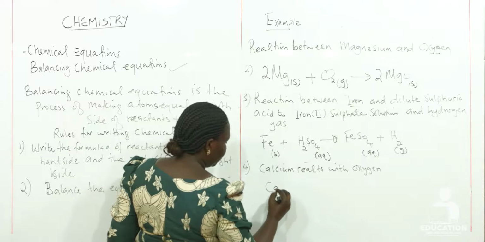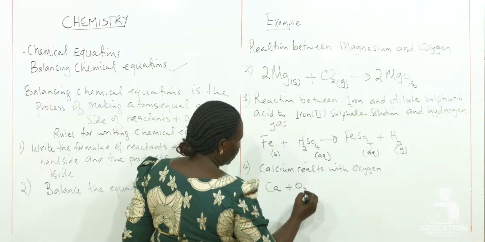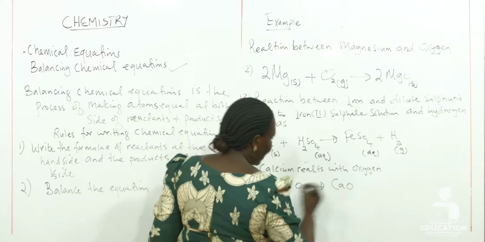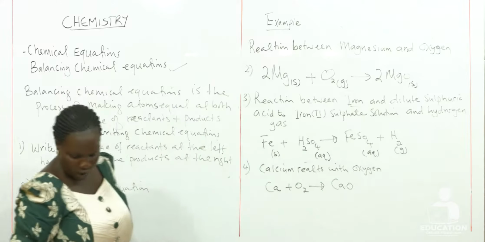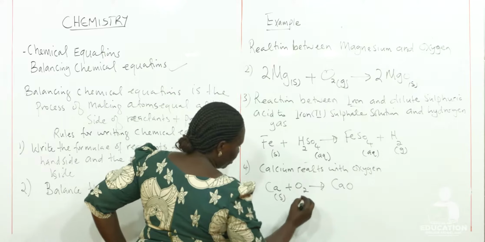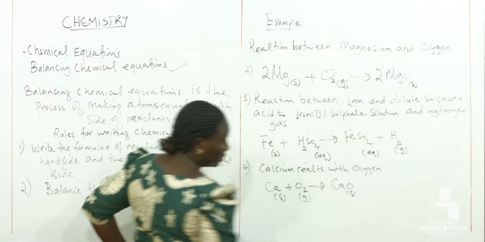We have calcium, symbol Ca, plus oxygen, giving us calcium oxide. The physical state of calcium is solid, oxygen is a gas, calcium oxide is a solid.